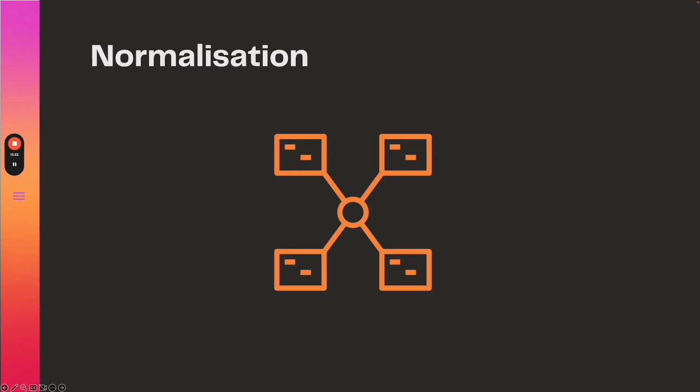This makes it easier to update data where necessary, as well as extend your data model in future without too much complication. There's various forms of normalization. Generally, third normal form is the most common one that we use.